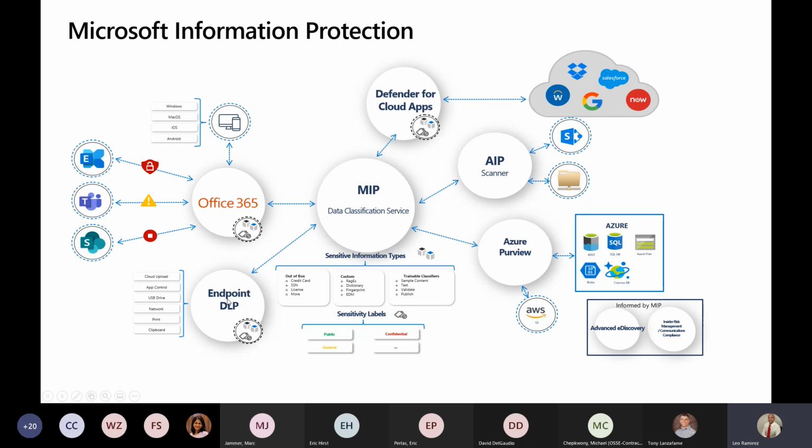This can help prevent data loss on the Windows 10 or Windows 11 endpoint, or most recently macOS, to prevent things like uploading sensitive information to the cloud or to certain applications, prevent data loss on USB drives or network drives, even copying sensitive information to the clipboard.